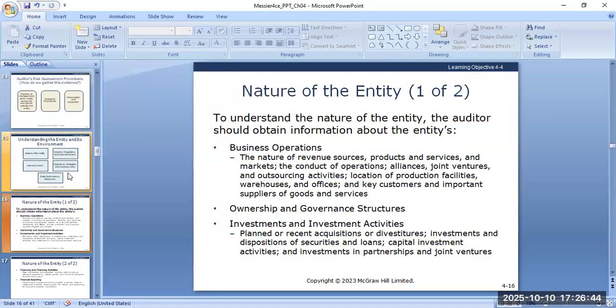If we're in the merchandising business, basically buying and selling, which are the key suppliers for the goods and the services.